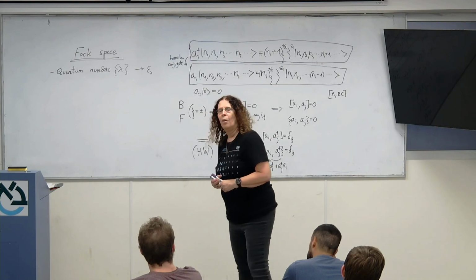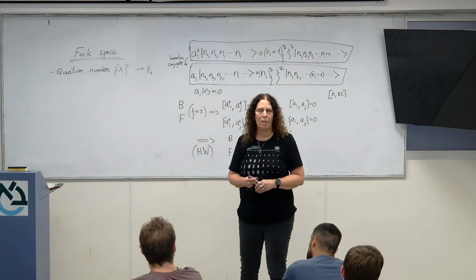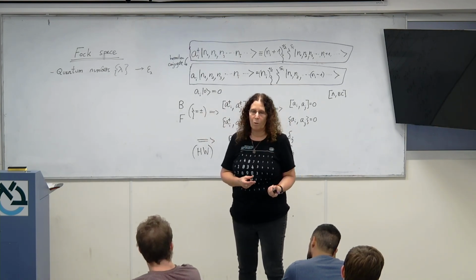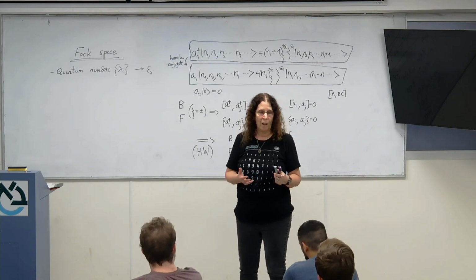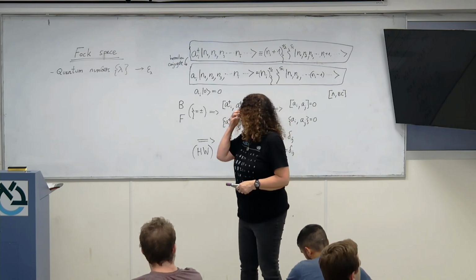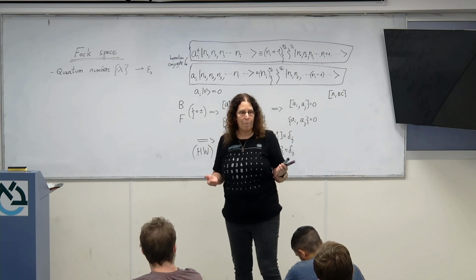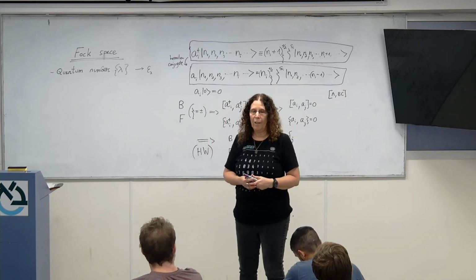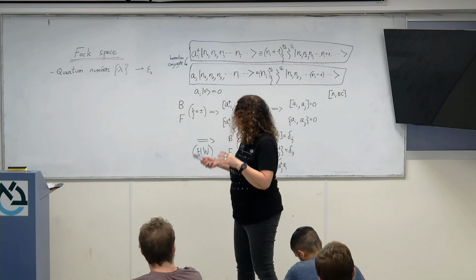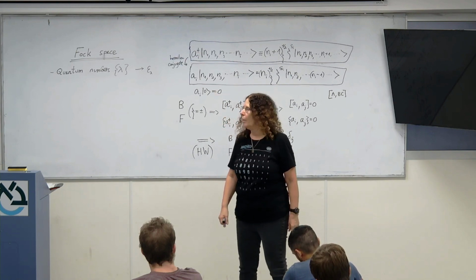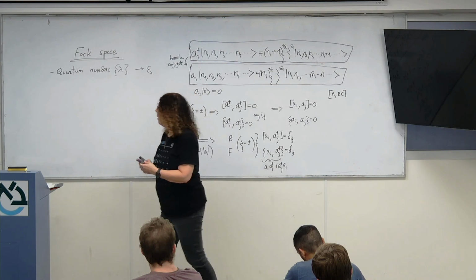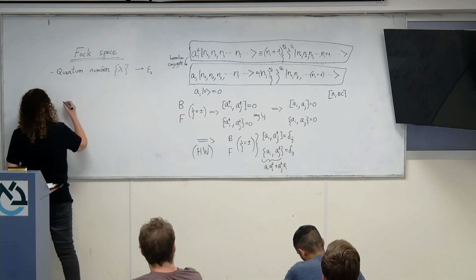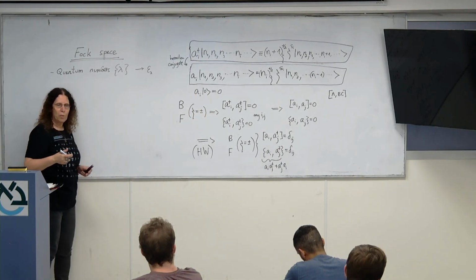If you're talking about spin that is in the z direction, what is the good quantum number? Sz, okay? Up and down, etc. But sometimes you discover that you chose a basis, and according to the basis, I defined A lambda and A lambda dagger. Now I have to change basis.